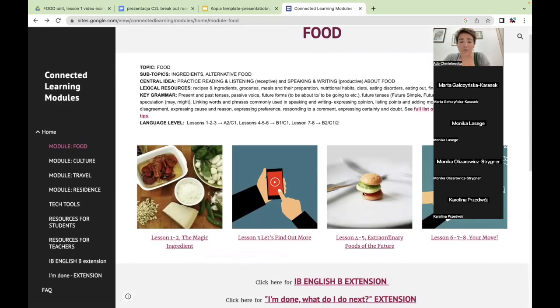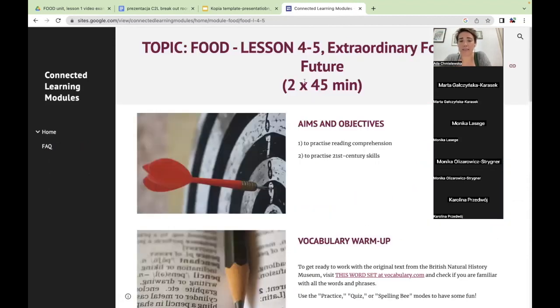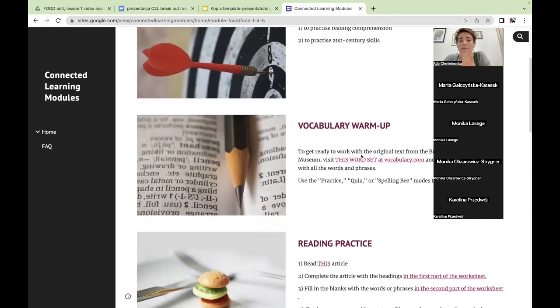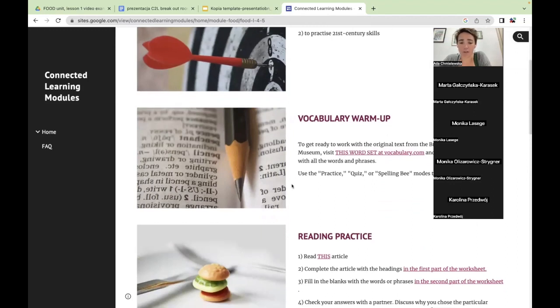Then that was the first part of the module. The third one is again designed for 2 lessons, about 90 minutes. It's very much language oriented, because here we have a warm-up, a vocabulary set at vocabulary.com, and then a reading practice.